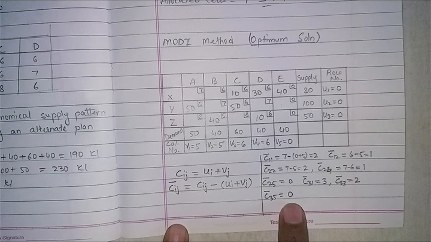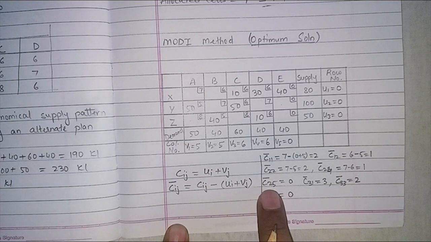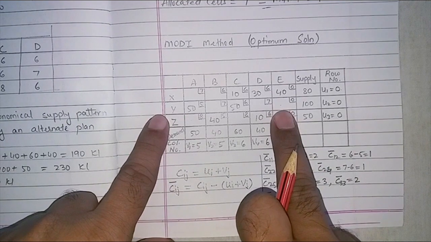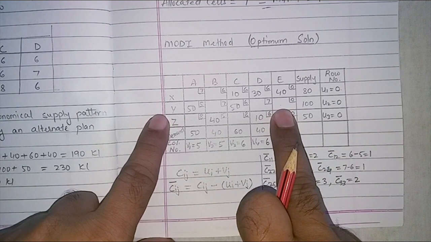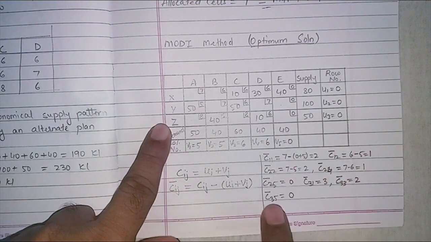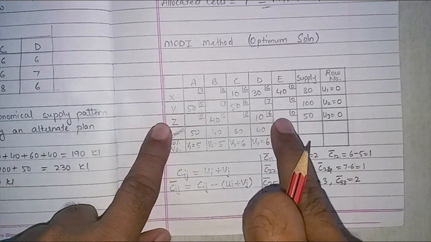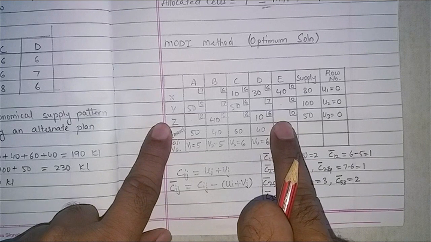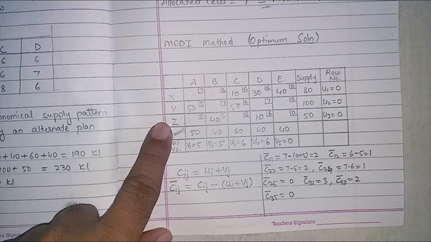So even if I make some assignments in the cell C25, that is under E or under ZE, there won't be any change in my optimum solution. Clear?